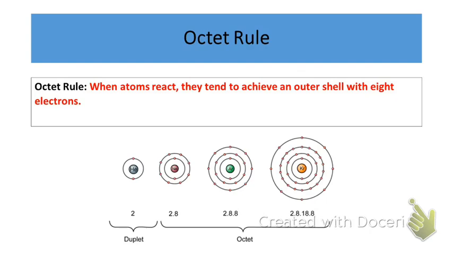So not all atoms completely obey the octet rule. Hydrogen, for instance, is probably the most common one that only needs 2 electrons in its valence shell. I'm going to write that down so that you remember it: hydrogen only needs 2 electrons to complete its valence shell. And then lithium and beryllium, as we will learn later, also are going to establish 2 electrons in their valence shell.